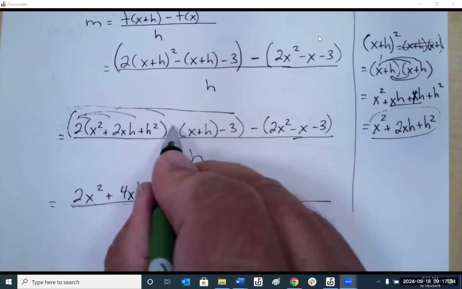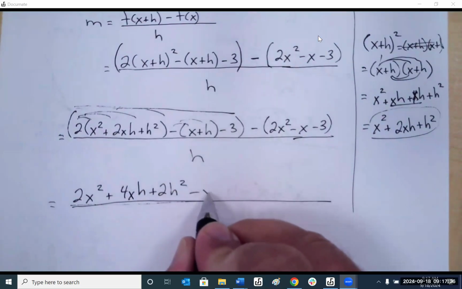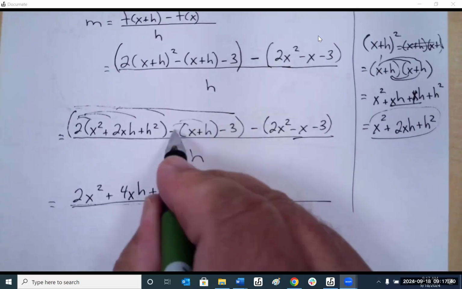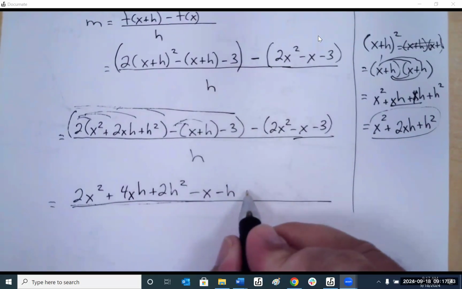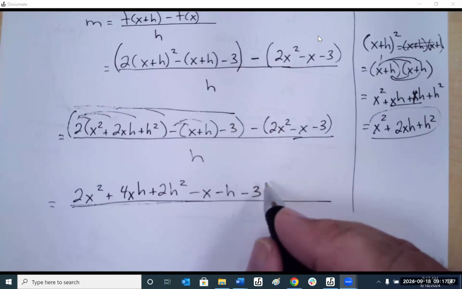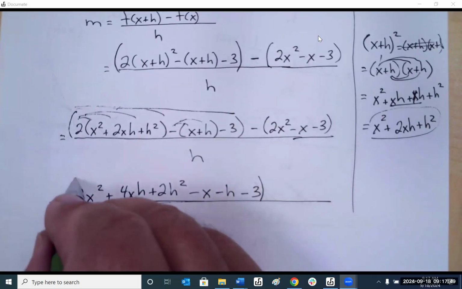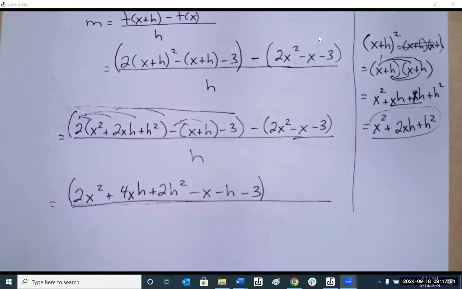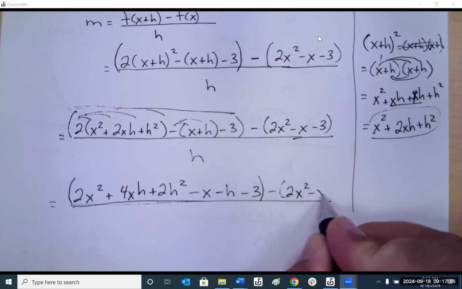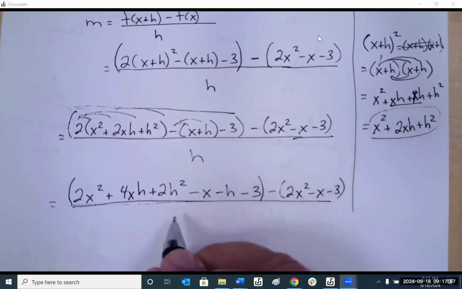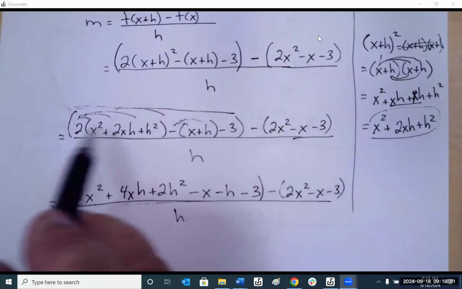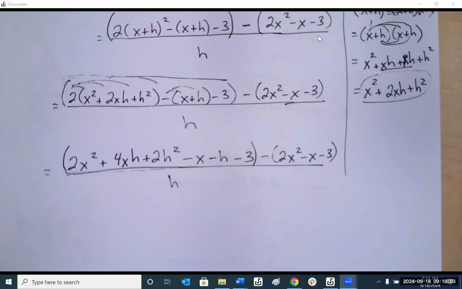And we'll get rid of the next one, the negatives: negative x minus h. And then the minus 3. I just did everything inside the first big parenthesis.